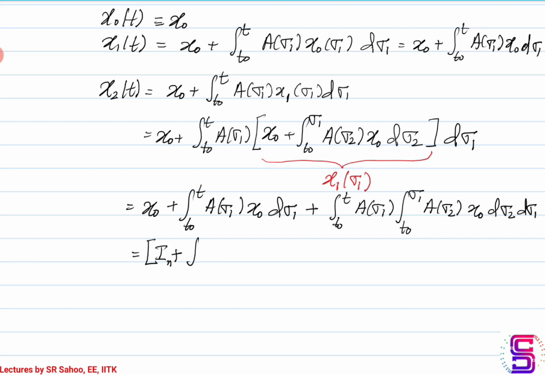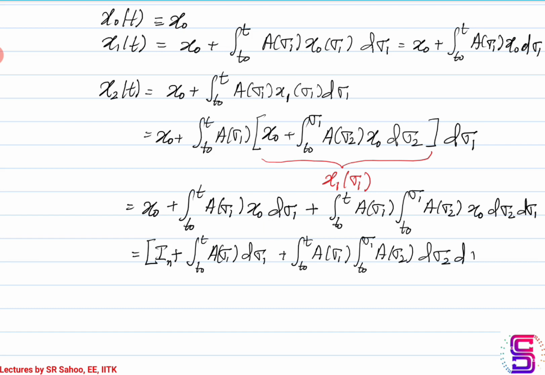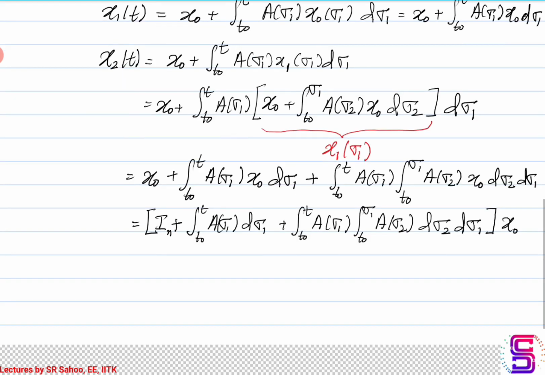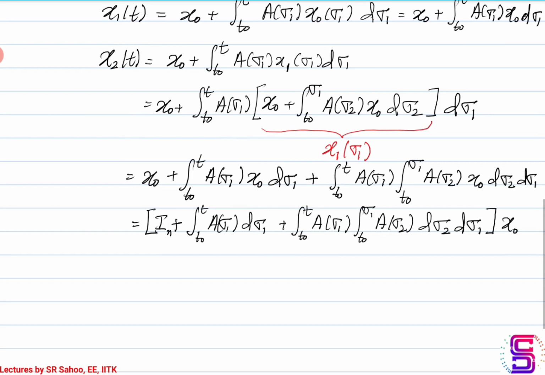I'll write it as I_n plus the integral T0 till t of A of sigma 1 d sigma 1, plus the integral T0 till t of A of sigma 1 times the integral T0 till sigma 1 of A of sigma 2 d sigma 2 d sigma 1, all multiplied by x0. So this is what x2 is going to look like in terms of the initial value x0.